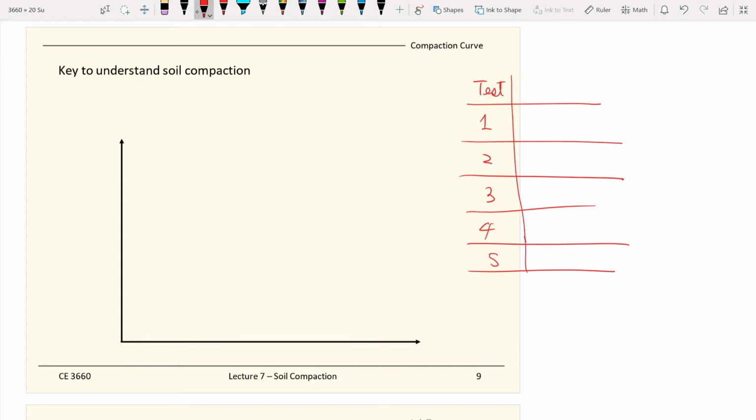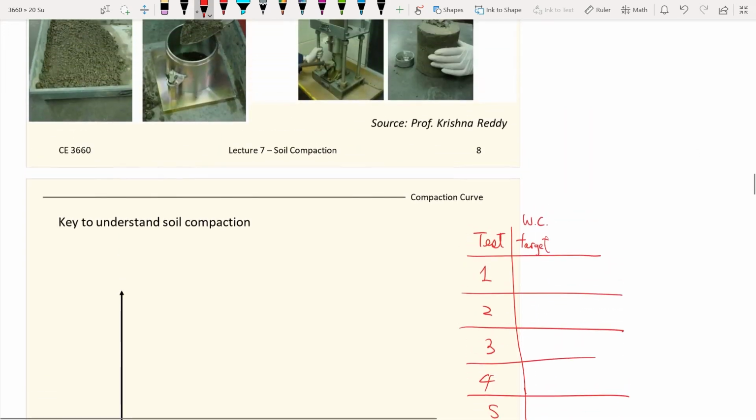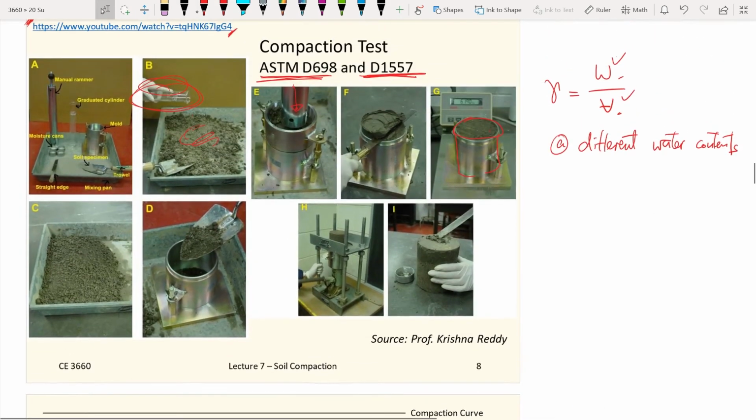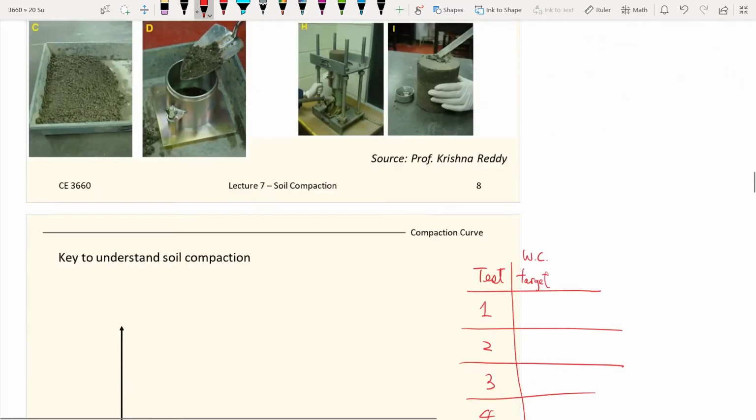For example, 5 tests here, and each test you will have a target water content. WC stands for water content. This is how to mix your soil at the beginning. You have your target water content, and you have your dry soil to start with. Then you can mix your soil.